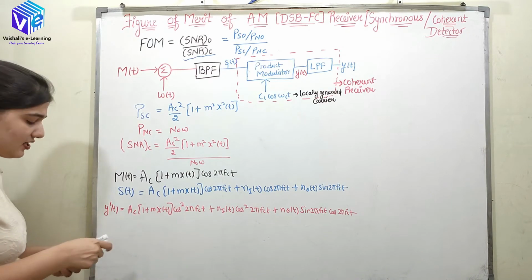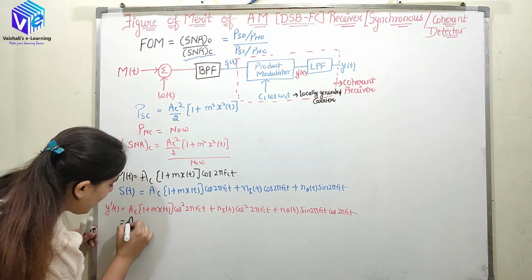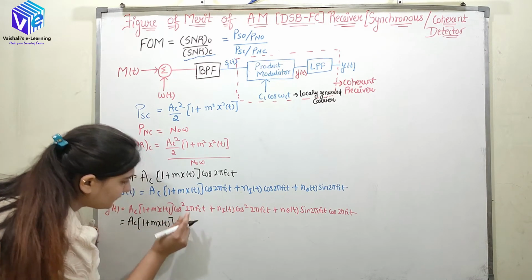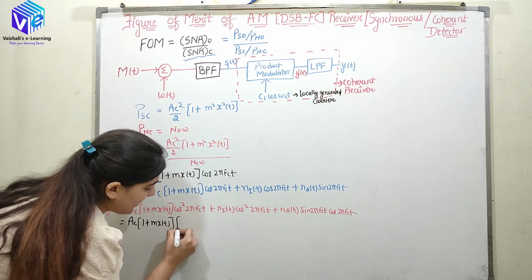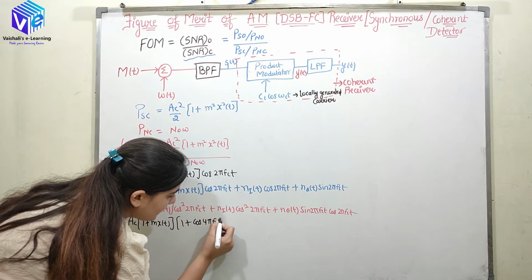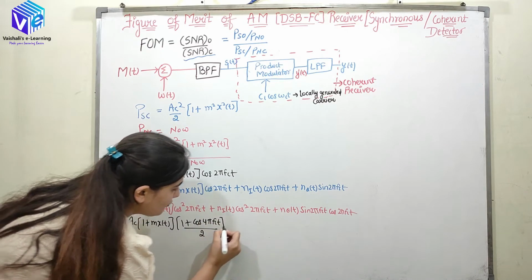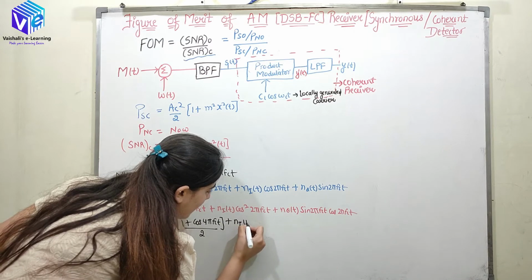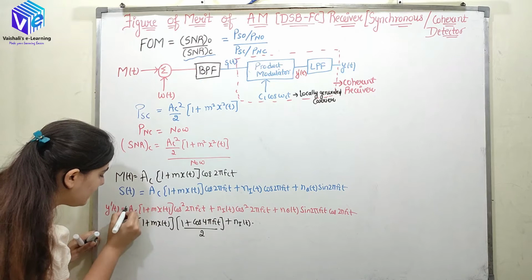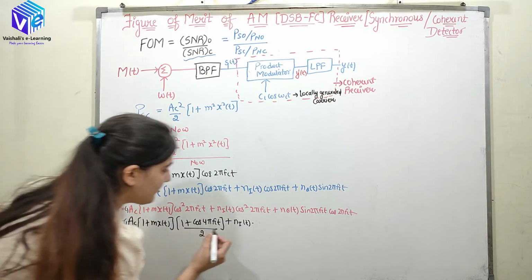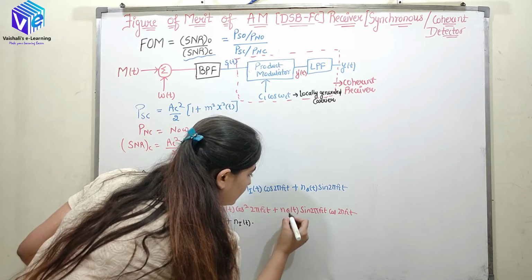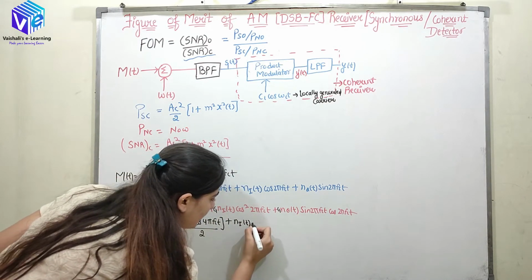Now I can rearrange this y'(t) and write it as Ac[1 + m(x(t))], and this cos² 2πfct I can write as (1 + cos 4πfct)/2. Similarly for n_I(t); here we had c1 as well, so I'll have the c1 component here, here, and here.